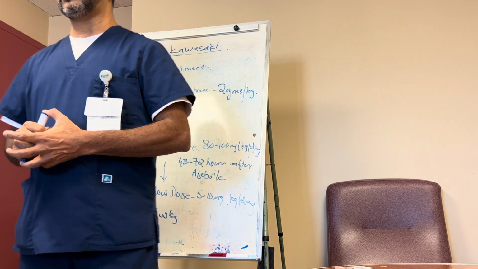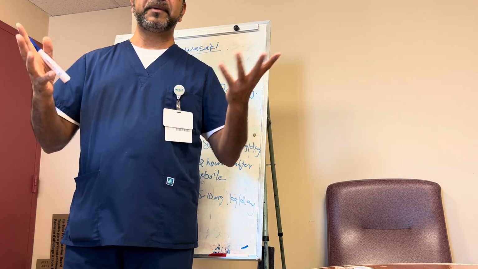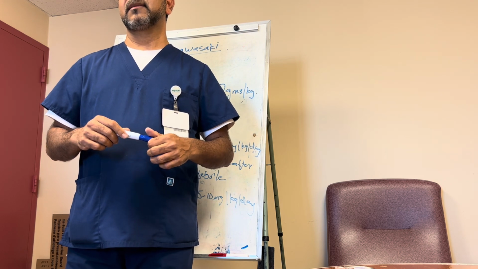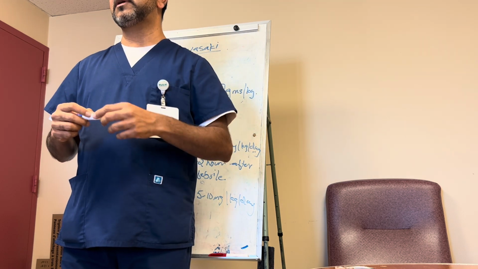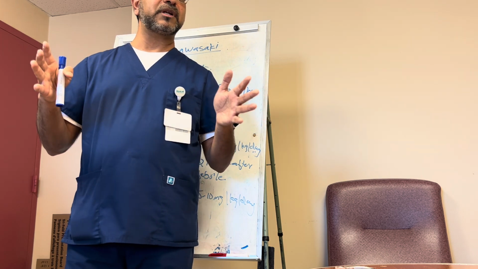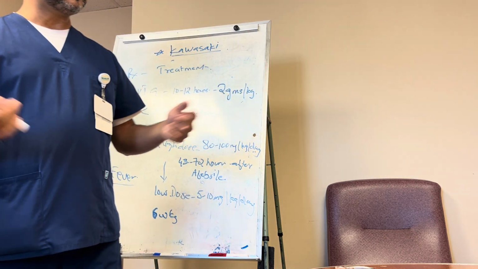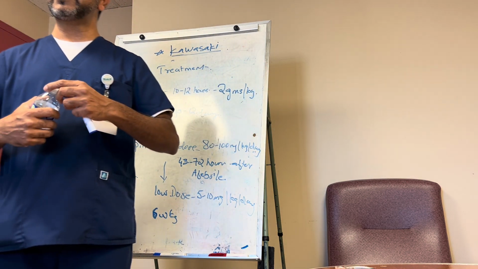And that's why it's important to give it early on. So what if the patient comes to you after the 2 week period? We said IVIG's best response is given in the first 10 days of illness, not the first 10 days from the time you make the diagnosis, right? So what if the patient comes to you in the 2nd week of illness?